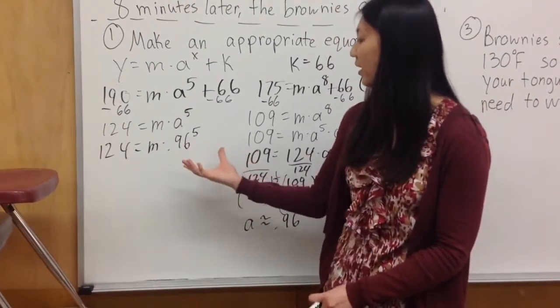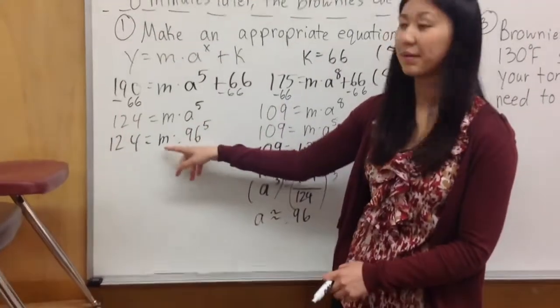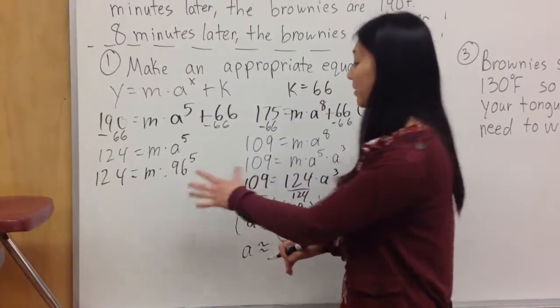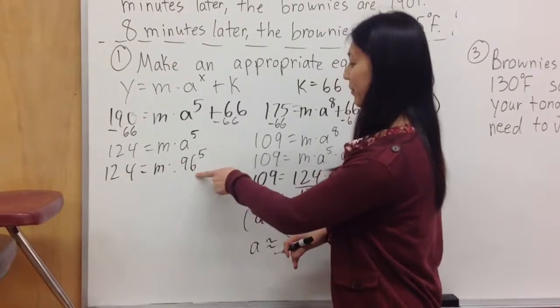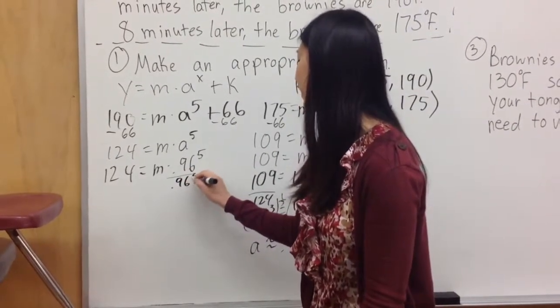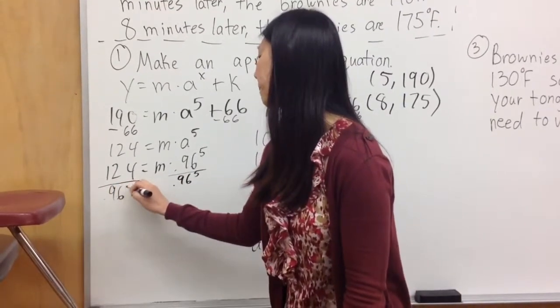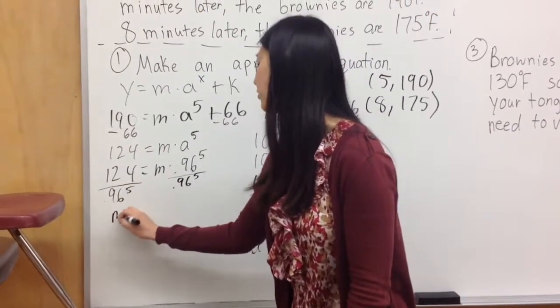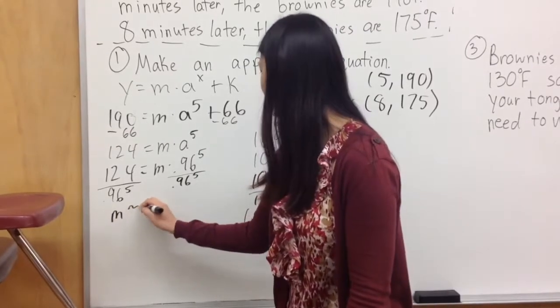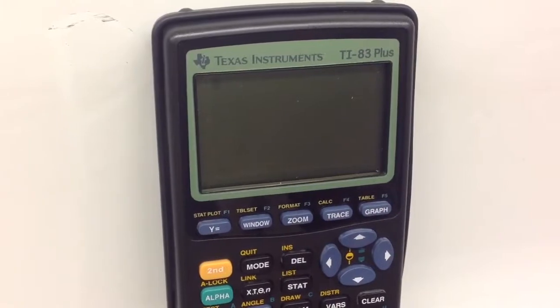And from here, all I'm going to do is get rid of this stuff because I need to get m by itself here. So I'm going to need to divide both sides by this number here, 0.96 to the 5th power. I'm doing that on both sides. And now I need to put that into my calculator.